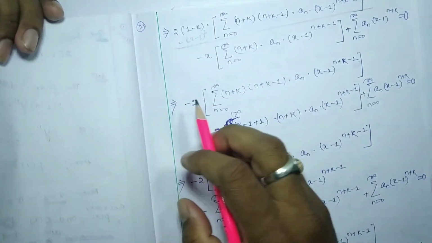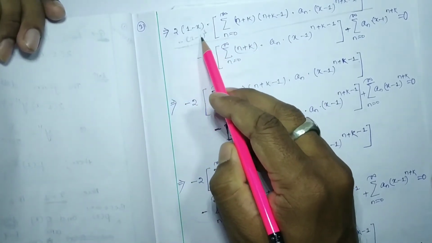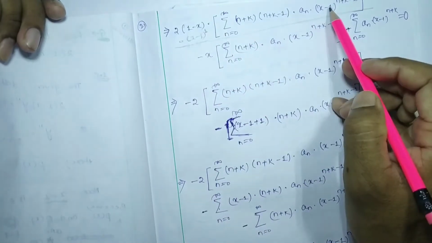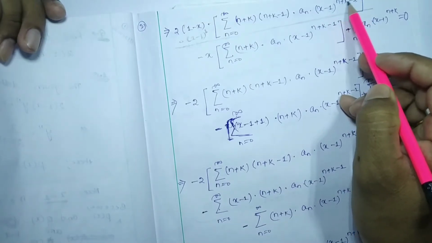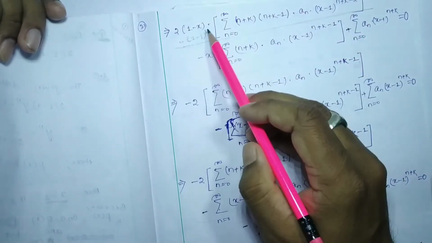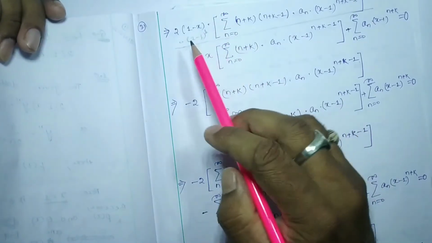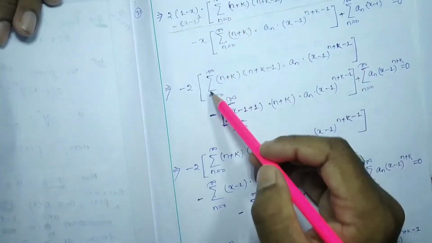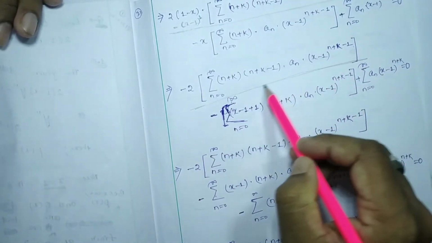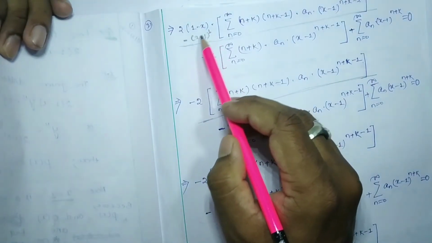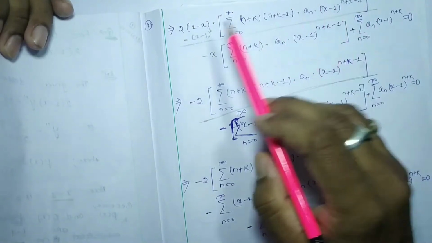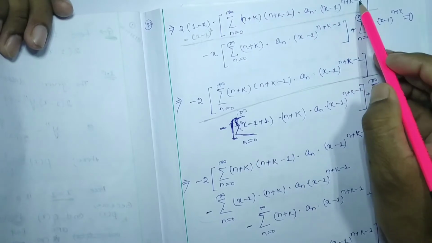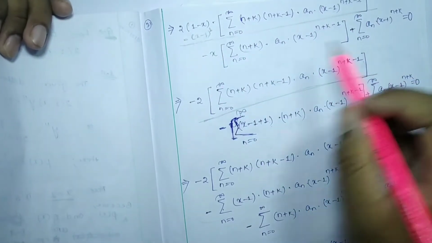This (x minus 1) to the power 1 is multiplied with (x minus 1) to the power n plus k minus 2, so the power n plus k minus 2 has 1 added to it. In the next step, the first term will be: (x minus 1) to the power 1 times (x minus 1) to the power n plus k minus 2, so the power is added up, n plus k minus 2 plus 1, which is n plus k minus 1, and minus 2 is there.